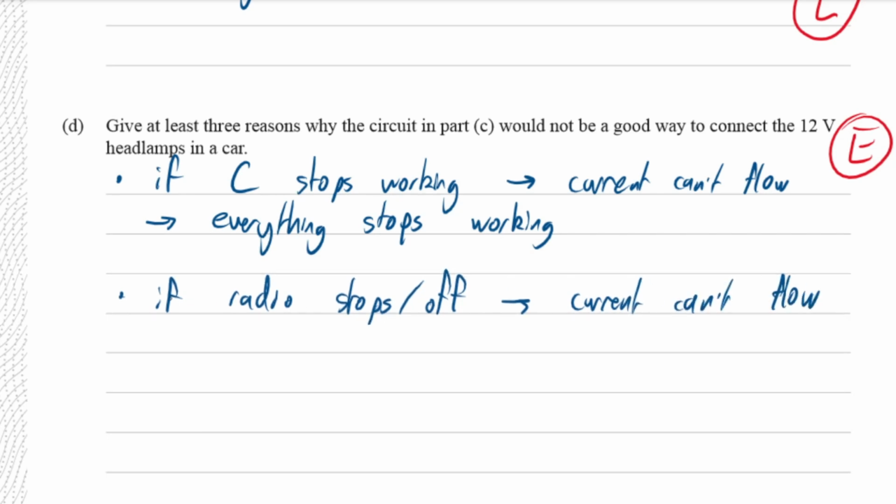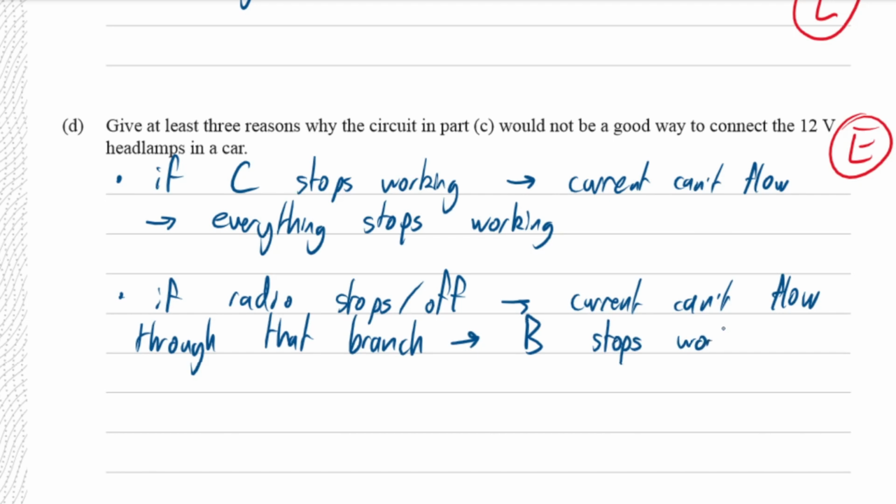Current can't flow through that branch, meaning headlight B stops working. And then what else? So that C bulb blowing, radio must be on.